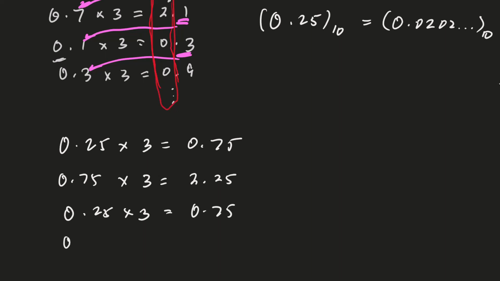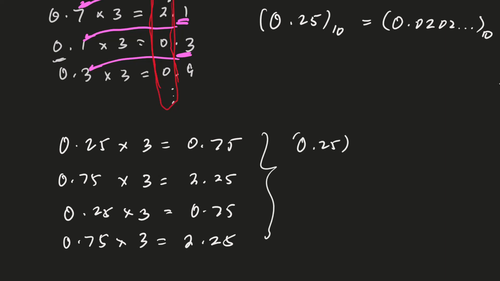Right, 0.75 times 3 is 2.25. So we're going to go back and forth. And so therefore we see here that 0.25 base 10 is equal to 0.020202 base 3. Good. All right. So that is our base 10 to base 3 fractional conversion.